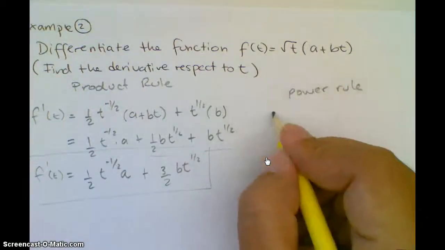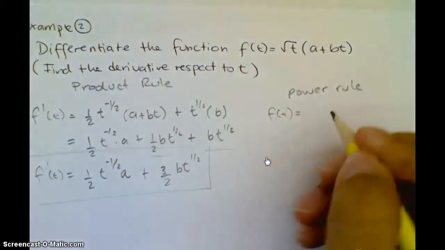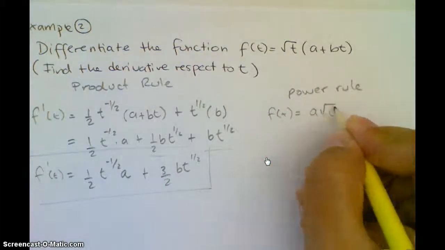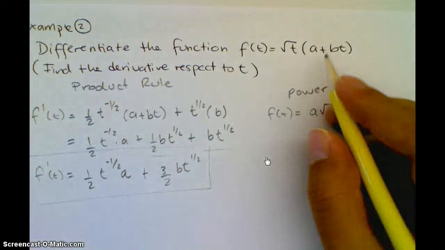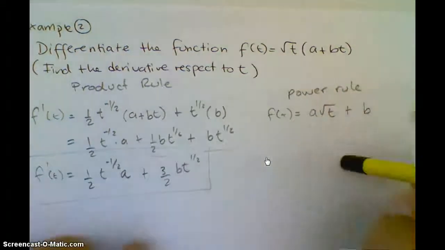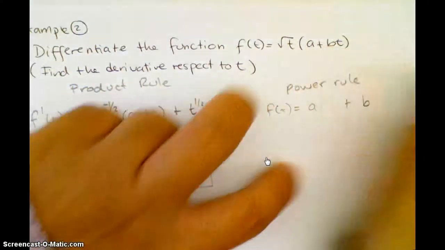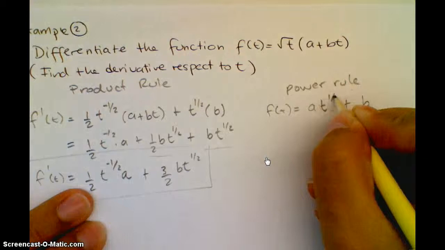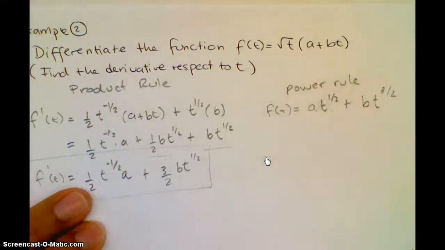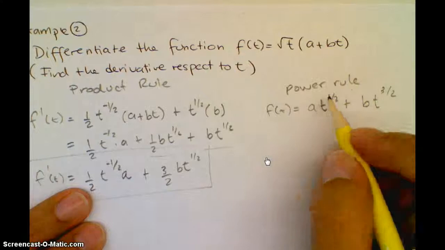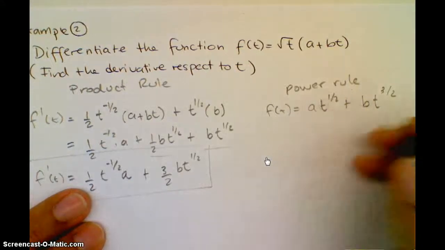Let me just rewrite f of t. f of t will be a rad t plus b, and in this case, let me just write it as exponent: a t to the 1/2, and then this would be b t to the 3/2. Then I'm just taking the derivative using the power rule and the sum rule.